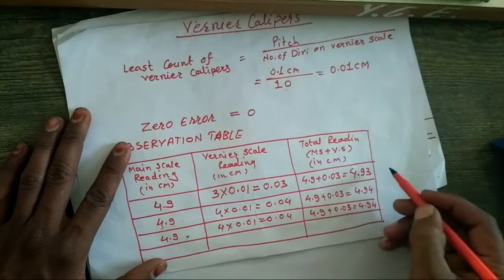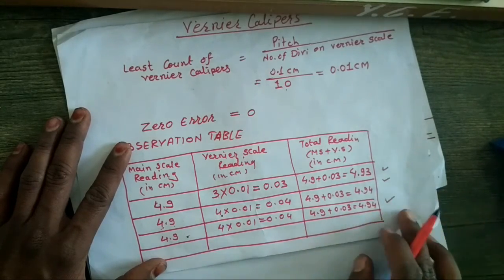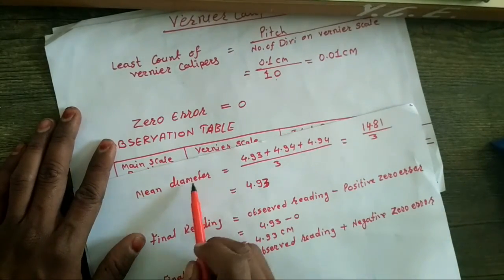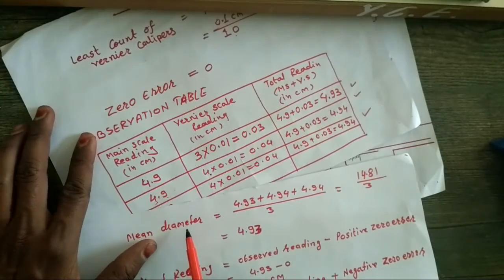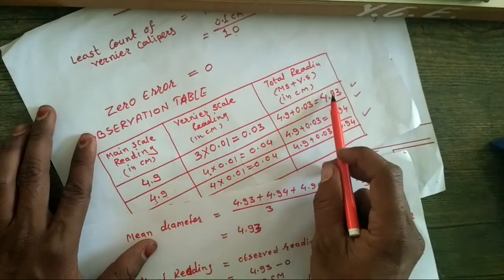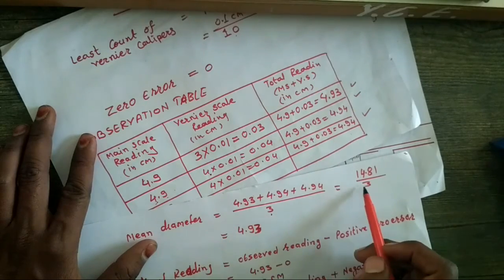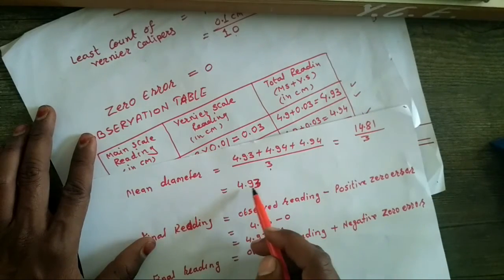Now you have 1, 2 and 3 readings, so you are to find the mean observation, or mean diameter. The mean diameter can be obtained by adding these 3 final readings and dividing by 3, and the mean value is 4.93.